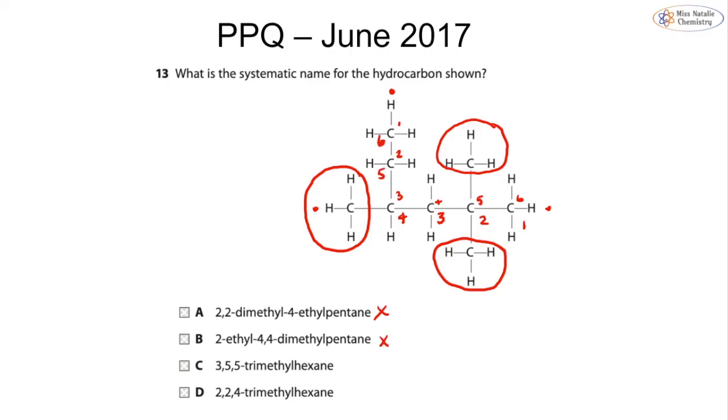Now we know that we want the lowest possible number, so hopefully you're automatically being drawn to D, but let's just have a look. We can have the carbons on 3 or 4 and 5 and 2. Well, the 2 is the lowest possible number, so we're going to get rid of the numbers on the top hand side. So we have 2 methyls on carbon number 2 and 1 methyl on carbon number 4, giving us an answer of D.